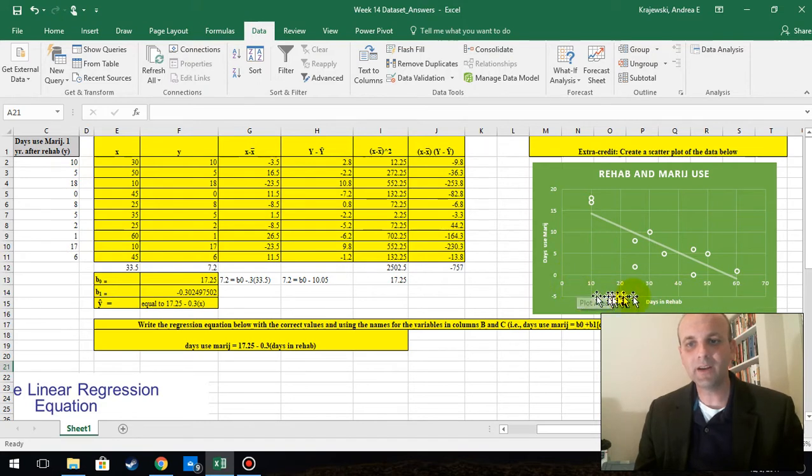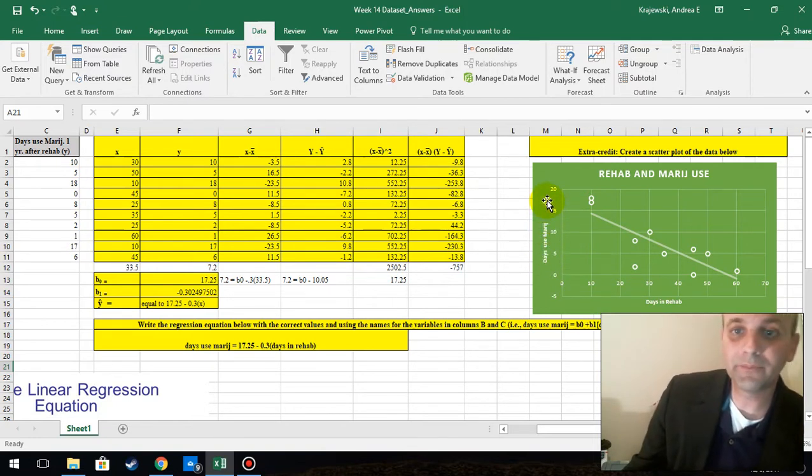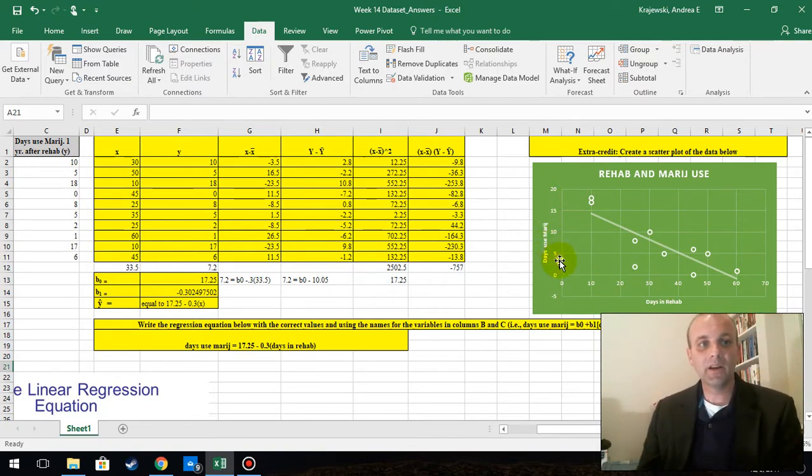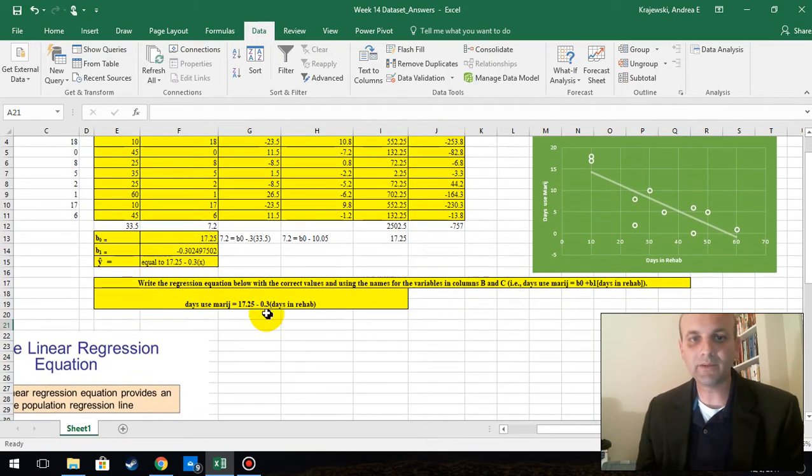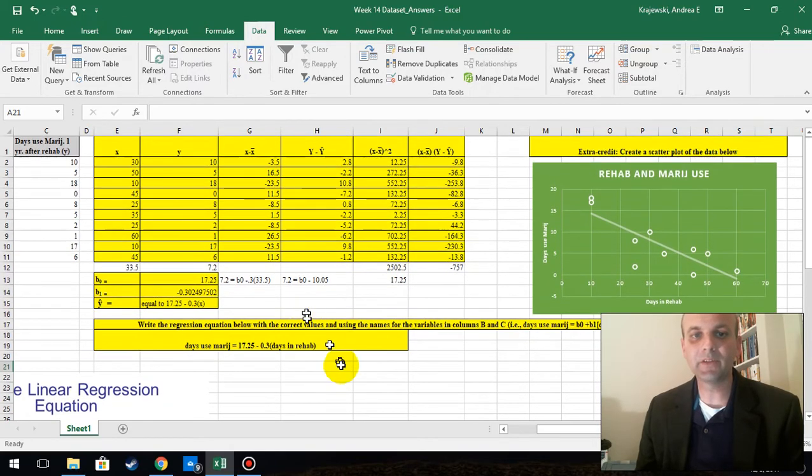So for every days in rehab being the x-axis, days using marijuana being the y-axis, this is 1 year after. You can see as days increases, the likelihood of marijuana decreases. How much does it decrease? Well, on average, it decreases by 0.03 for each day a person spends in rehab.